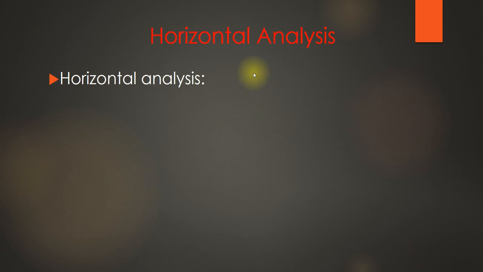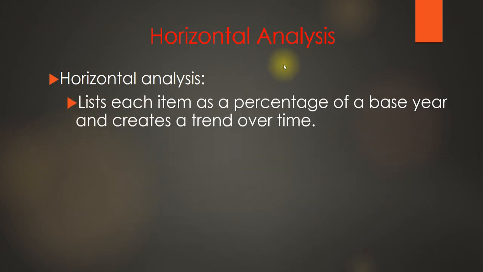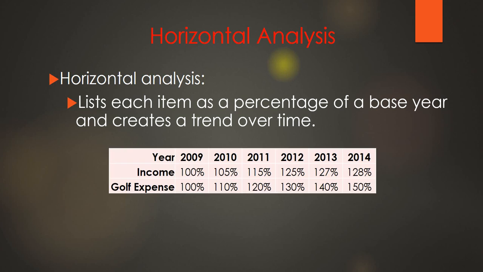Now let's shift gears and look at horizontal analysis. Horizontal analysis is something a little different. It looks at each item as a percentage of the base year, then creates a trend over time. So we have in our base year here is 2009. We can look at how the income has increased or decreased over time from the base year.